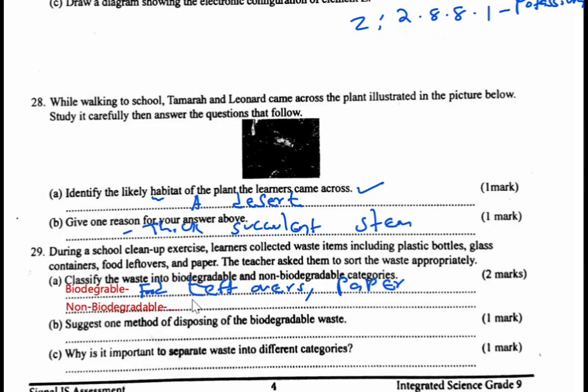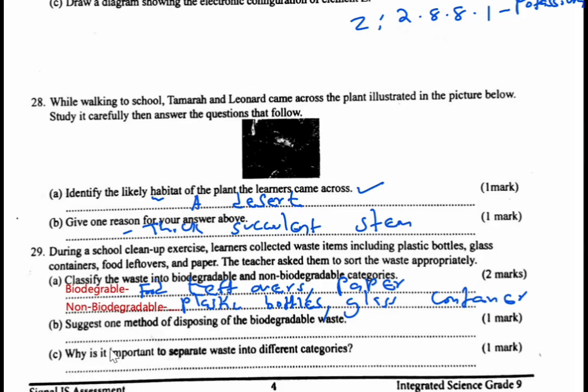It is things like plastic bottles, they don't decompose. So biodegradable, they decompose over time, while non-biodegradable, they don't decompose easily. Plastic bottles, glass containers. So these are non-biodegradable. They will not decompose easily.